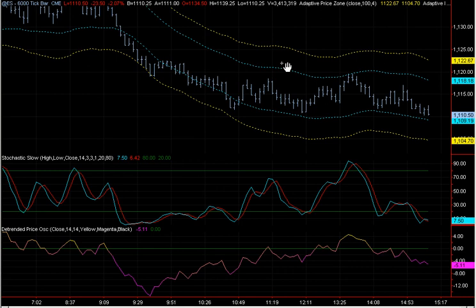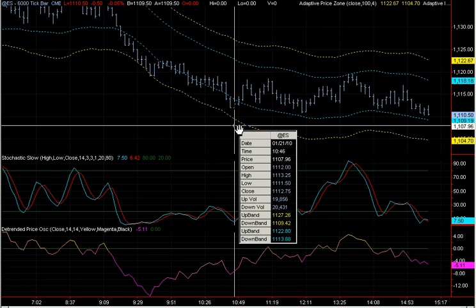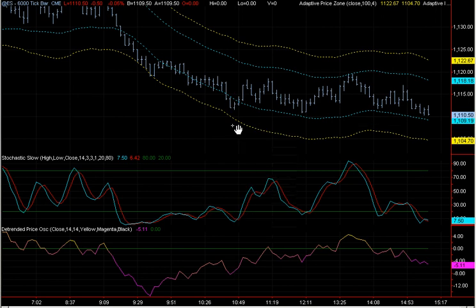Now let's look at some of the issues with trying to trade this manually. If you were to do so using a 6,000 tick bar, let's suppose you used a stochastic.